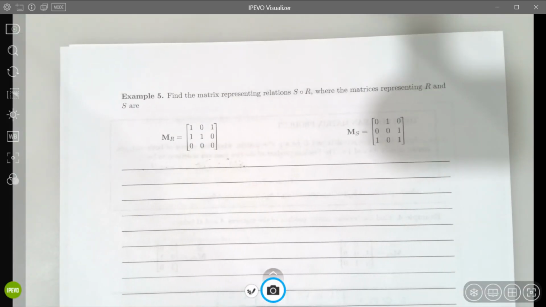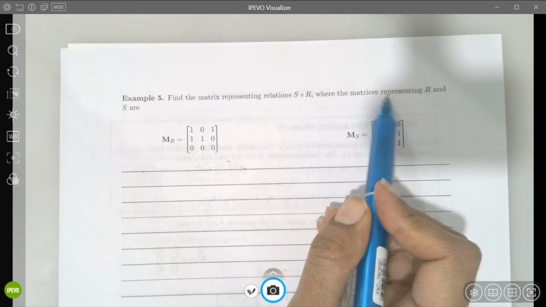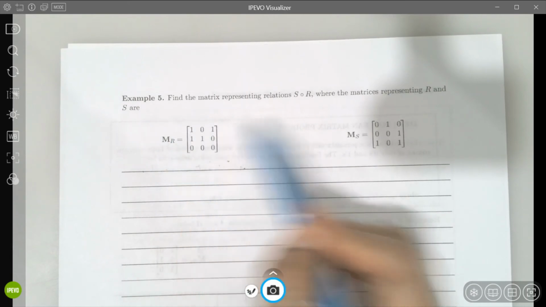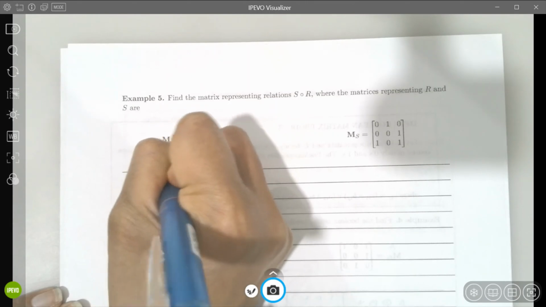Example number 5 reads, find the matrix representing the relation S∘R where the matrices representing R and S are given below. Okay, so we want to find the matrix of S∘R.